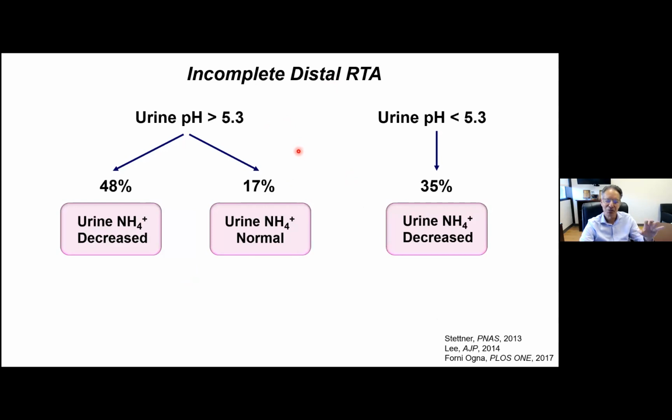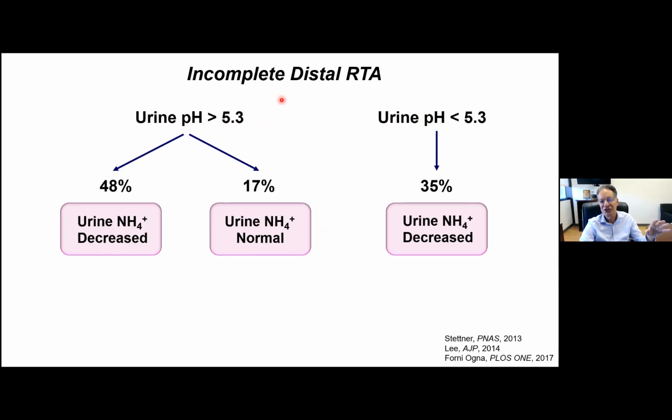When you give these patients ammonium chloride, what you find is that there are some patients where the urine pH stays above 5.3, but there are other patients where the urine pH can go below 5.3. Now you would say, well, there's nothing wrong with them. But if you look further at what their ammonia excretion rate is to subdivide these patients up further, that's how they're now further categorized. We don't have types for these yet.